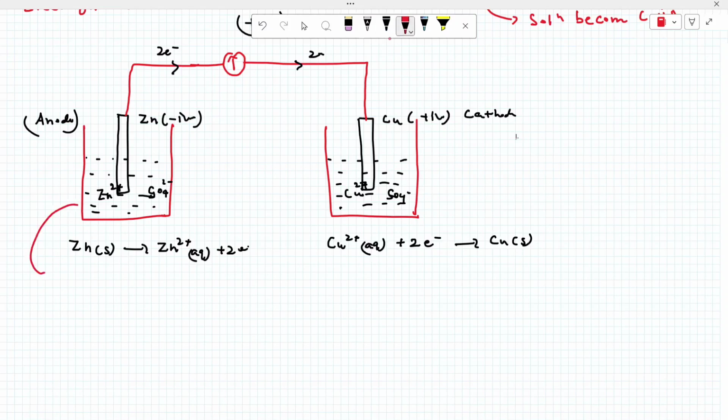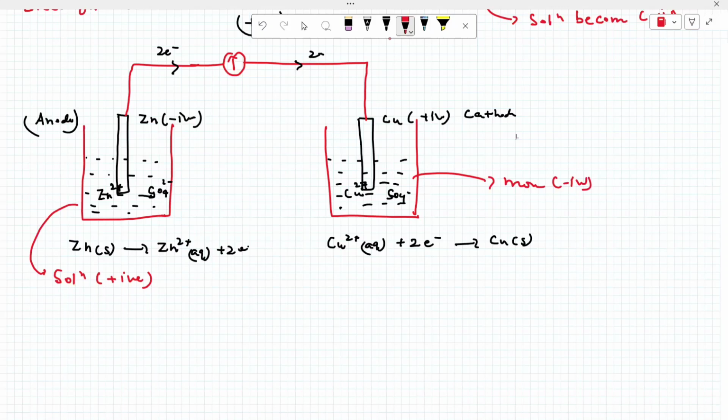Do you know this solution is more rich in positive charge, and this solution is more rich in negative charge, students? More positive, good. This solution is more negative.